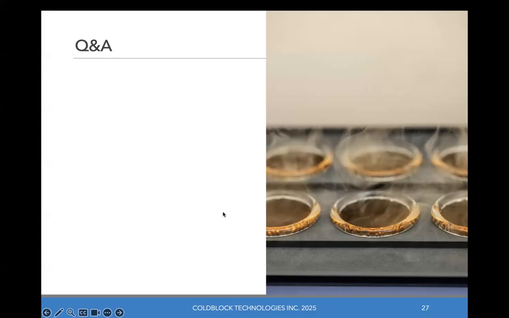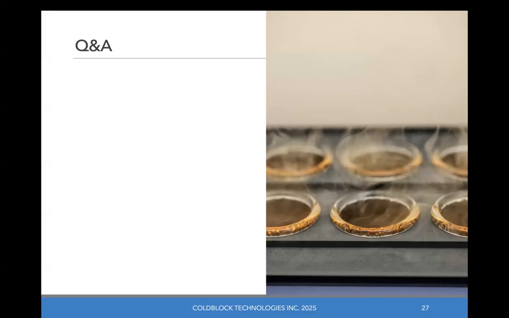And we often get the question, how easy is it to take ColdBlock and try it in our lab? Recognizing this is a different method and again, a change from 30 years of practice that you've been used to following. We have developed a 90-day trial program at ColdBlock that allows labs for a fixed price to bring a ColdBlock in, get things set up, have direct connectivity to our lab team for initial runs and method development and verification work, throughout a 90-day process.